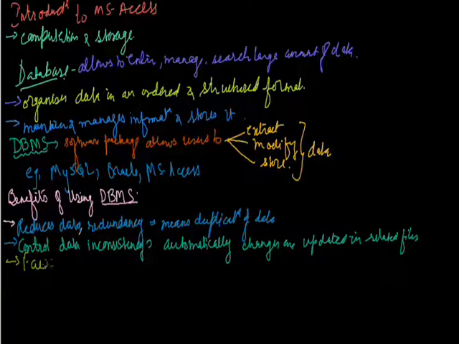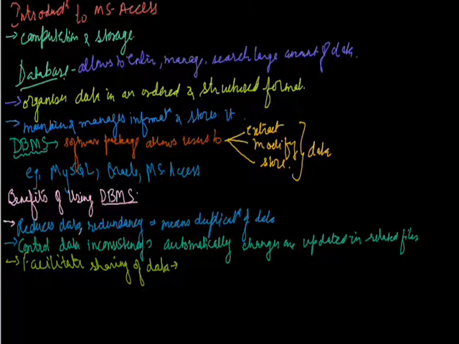It facilitates sharing of data. How does it facilitate? When you are using some of the database, at the same time another person is also using and sharing the information present in your database management system. So that is the facility of sharing. It facilitates sharing of data.